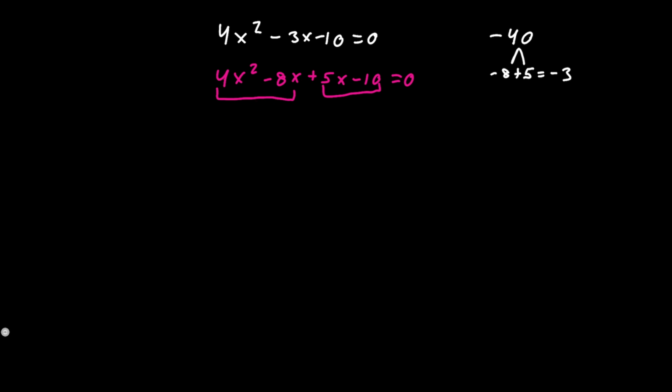And then we see that we could factor out a 4x from 4x squared minus 8x, which will be 4x times x minus 2. And then plus, we could factor out a 5 from 5x minus 10, which would be 5 times x minus 2 is equal to 0. And factoring out an x minus 2, we would have x minus 2 times 4x plus 5.